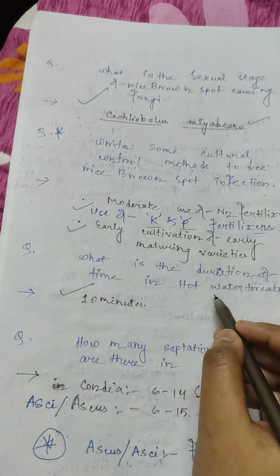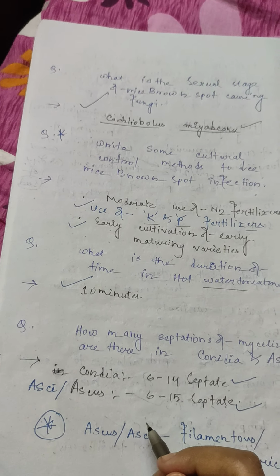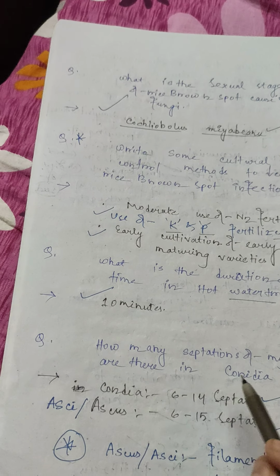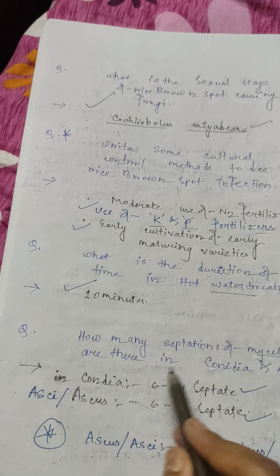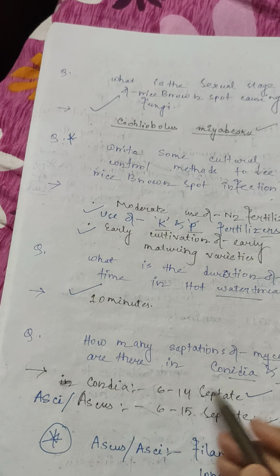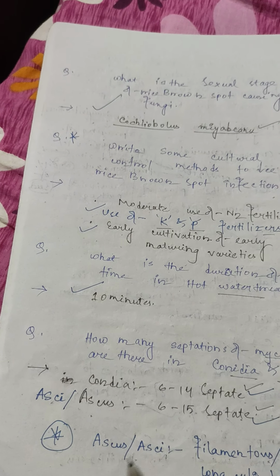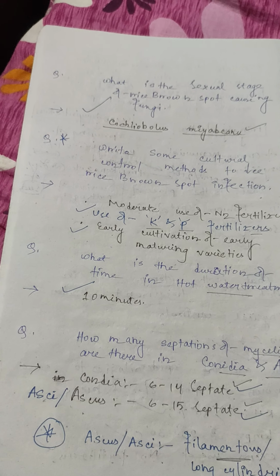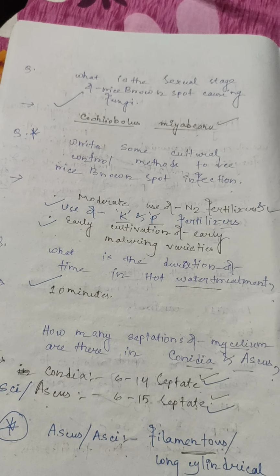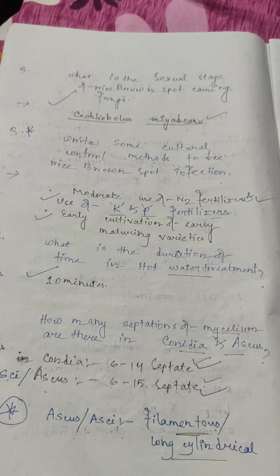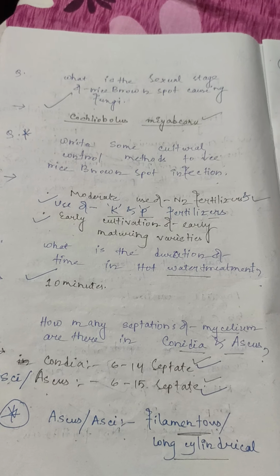What is the duration of hot water treatment? 10 minutes at 55 degrees Celsius. How many septations are there in conidia and ascus? Conidia 6 to 14 septate, asci 6 to 15 septate. Asci are filamentous or long cylindrical in shape.